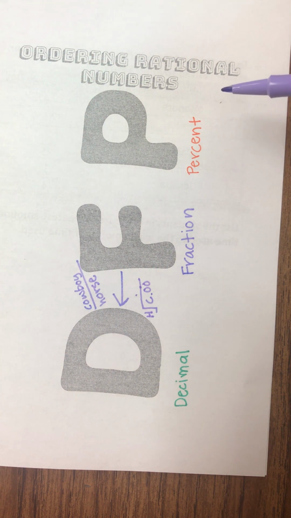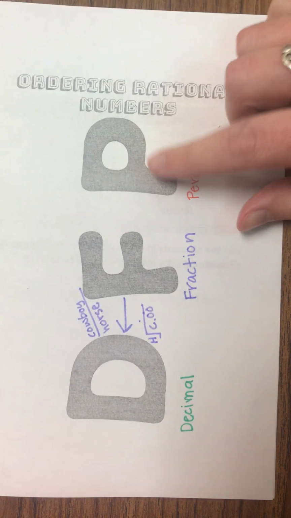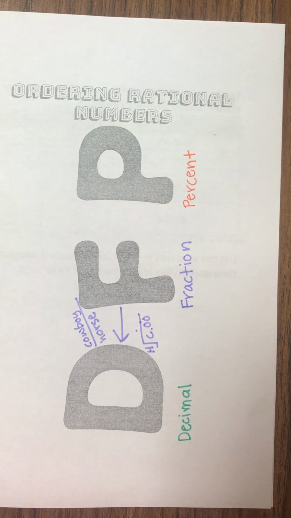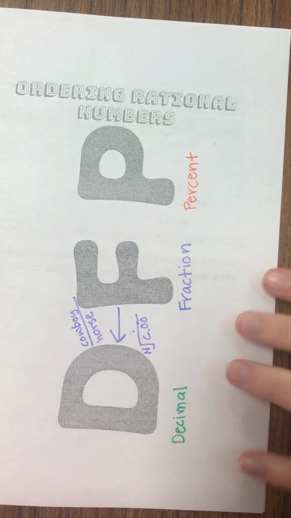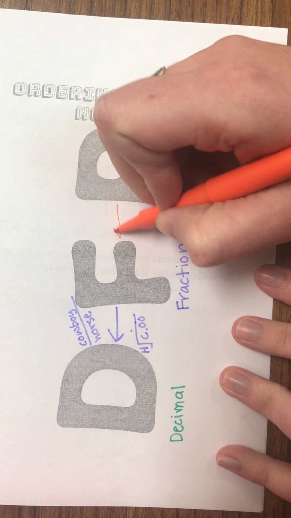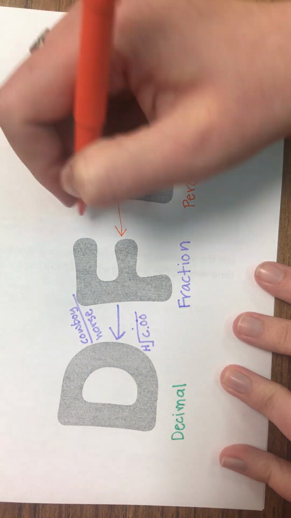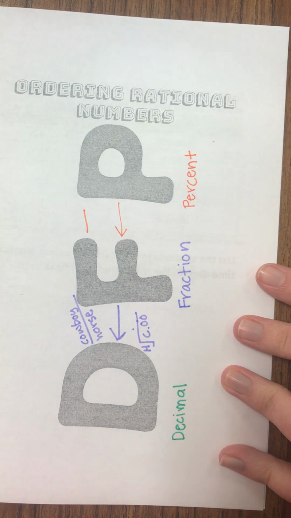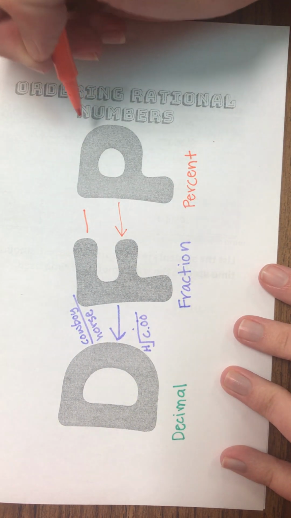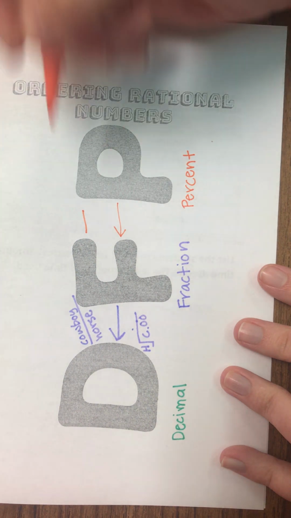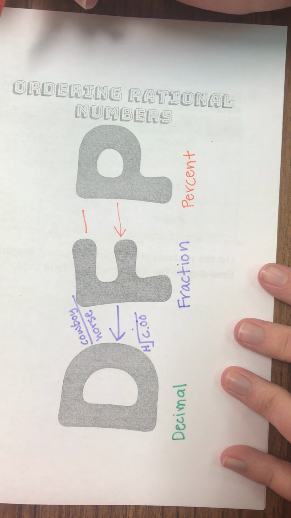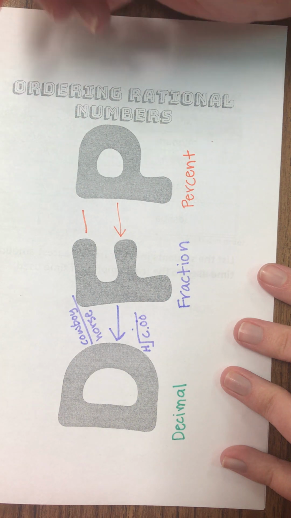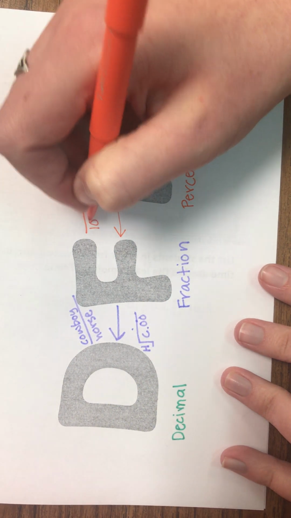Next thing we can talk about is going from a percent to a fraction. First of all, we're moving from a percent to a fraction, so I need a fraction bar, okay? When I'm talking about percent, I have my top and my bottom. The bottom of a fraction is my whole number. And when we talk about percent, the whole percent is 100.